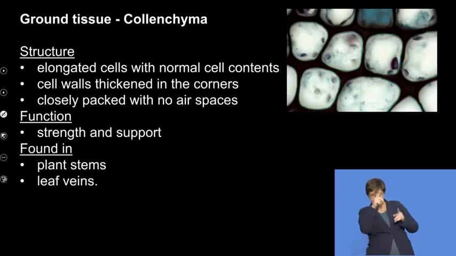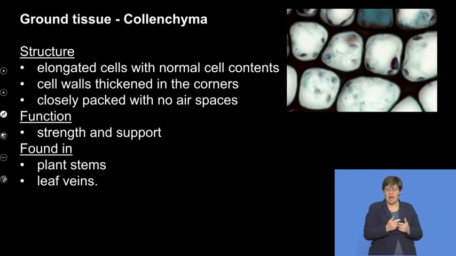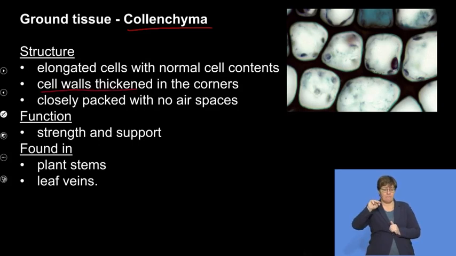Okay. Parenchyma cells have thin walls. They're great for storage, but they're really, really bad for support. So where a plant needs support, it would need to have cells with walls that are thickened. And there are 2 types of that. And the first one we're having a look at is something called Collenchyma, where the cell walls are thickened in the corners.